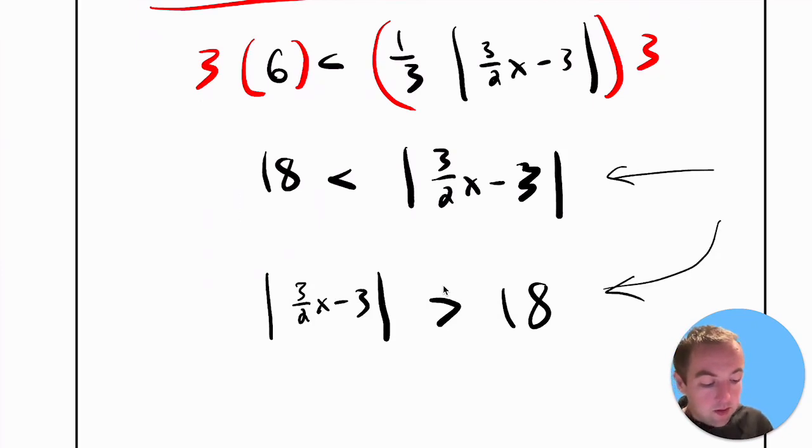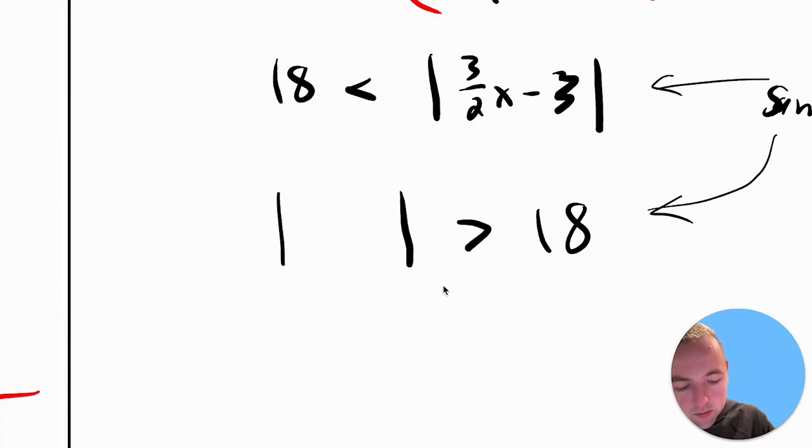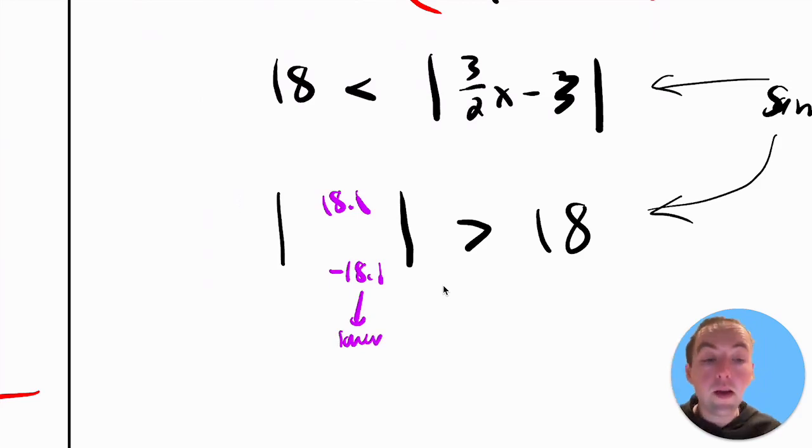So those mean the same thing. If that's going to be true, then number-wise, basically anything that would be an 18.1 or higher, but also a negative 18.1 or lower than that, like negative 18.2, negative 19, negative 20, those sorts of numbers, but nothing between, right?